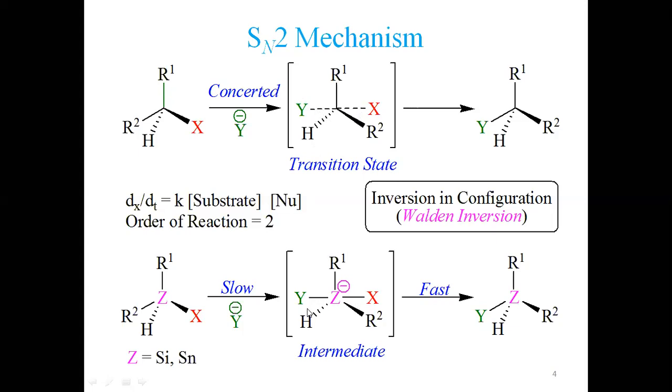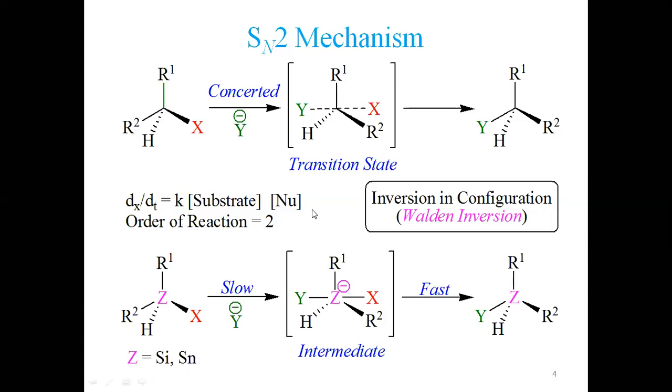But here, if you count, there are 5 bonds. If it makes 5 bonds here, carbon cannot have that; this is a violation of the octet rule. Carbon has valence electrons in the second shell, which doesn't involve d orbitals. But in the case of silicon and tin, both have d orbitals involved. Silicon belongs to the third period and tin belongs to the fifth period. Both have d orbitals, although empty, present in the third shell and the fourth shell.